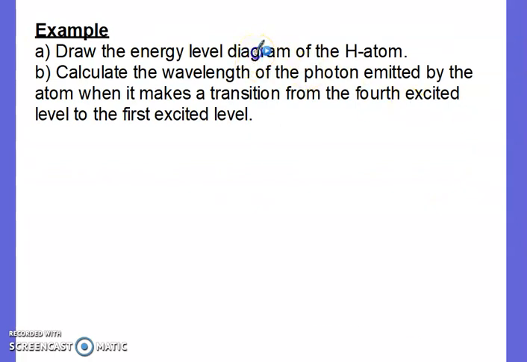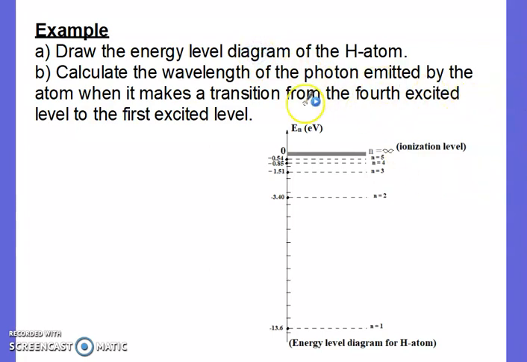We call it energy level diagram. We draw as a vertical axis the energies, then we label n equal to 1 minus 13.6, n equal to 2 minus 3.4, n equal 3 minus 1.51, n equal to 4 minus 0.85, n equal to 5 minus 0.544, etc. up to n equal infinity.